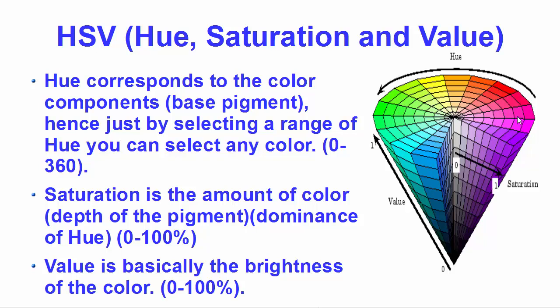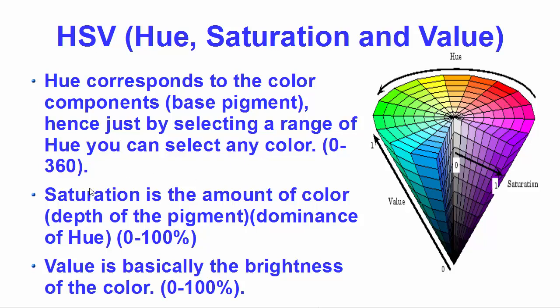You can see different colors are available at different angles. These colors are basically red, yellow, green, cyan, blue, and magenta. So hue is this angle in this cylindrical cone.